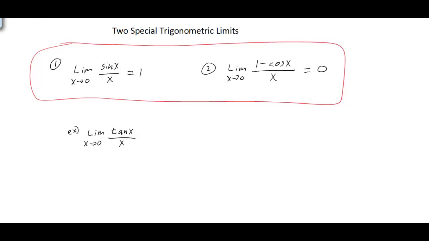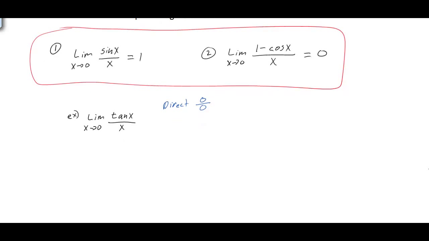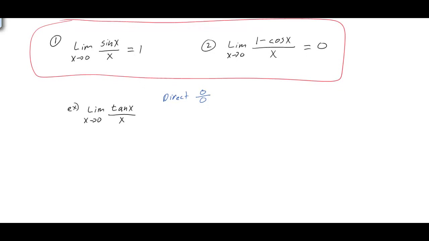So let's look at an example. If we have tangent x over x, and we want to find the limit as x approaches 0, once again, if we try direct substitution, we get that indeterminate form. Well, is there any way we could rewrite this to fit one of these special trig limits?